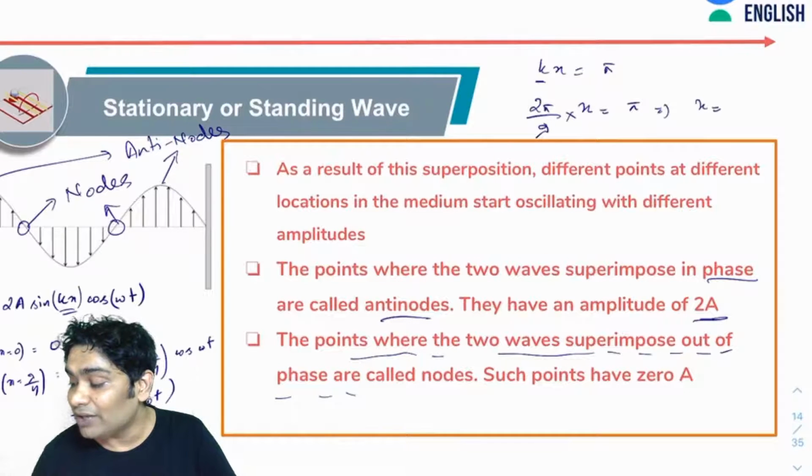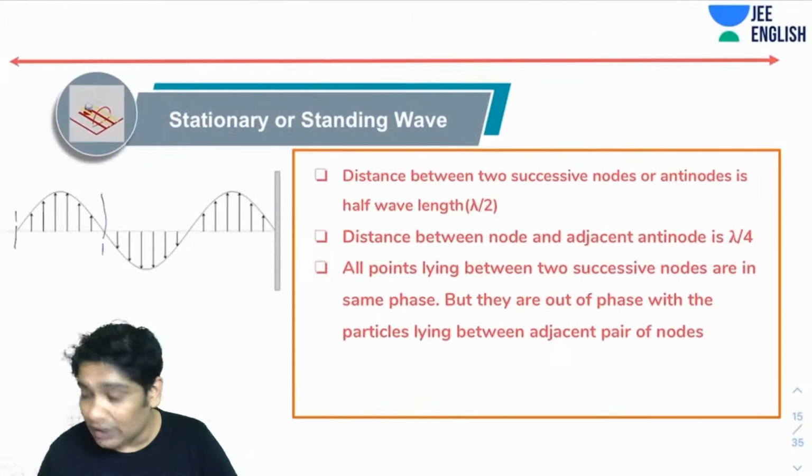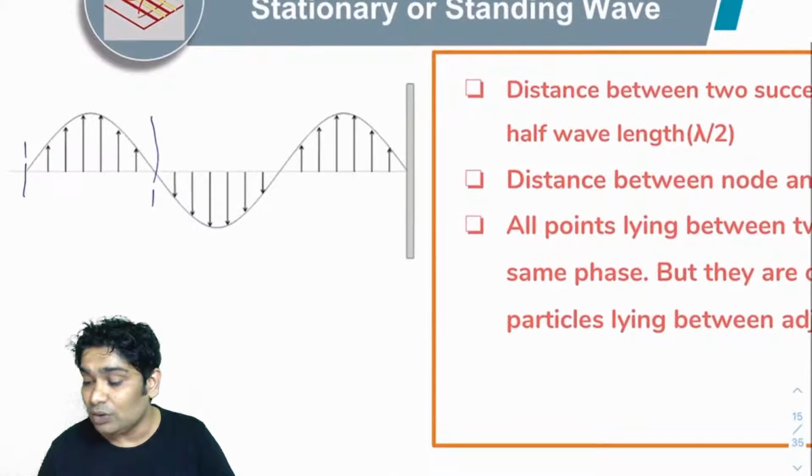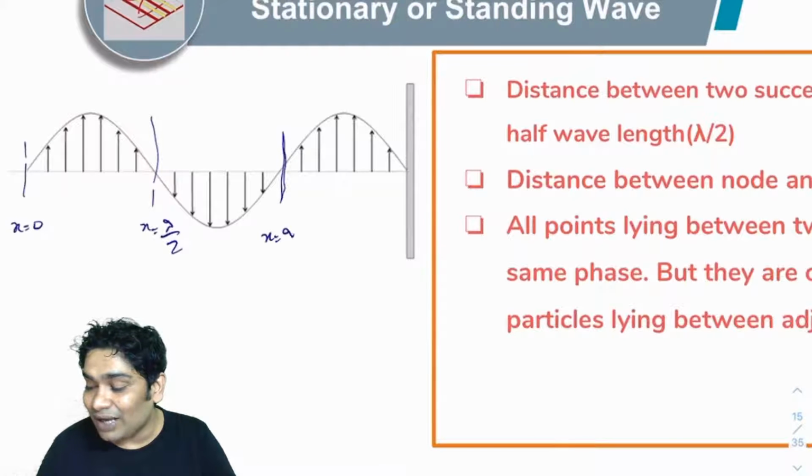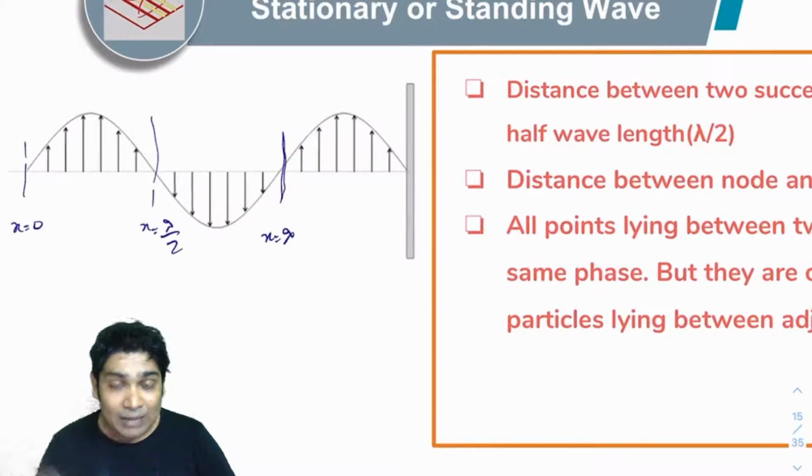That would give me x equals lambda by 2. So the first zero amplitude is at x equals 0, and the second zero amplitude is at x equals lambda by 2. Similarly, the third would be at x equals lambda, and so on. So after every lambda by 2, you will see nodes.